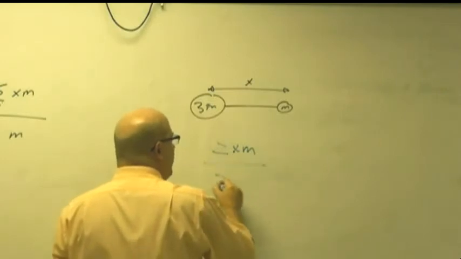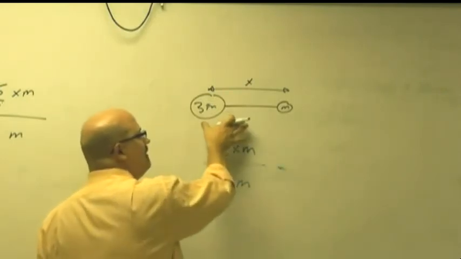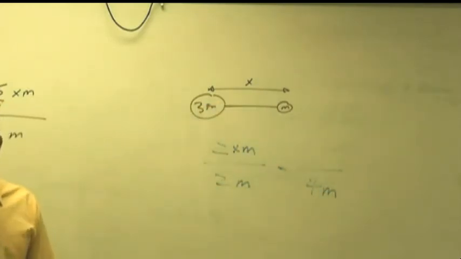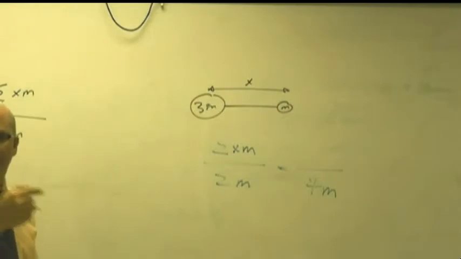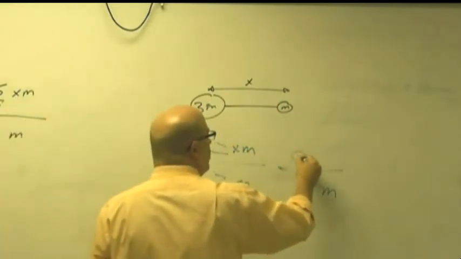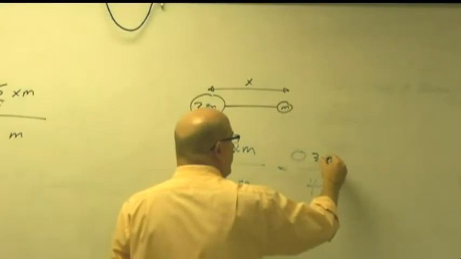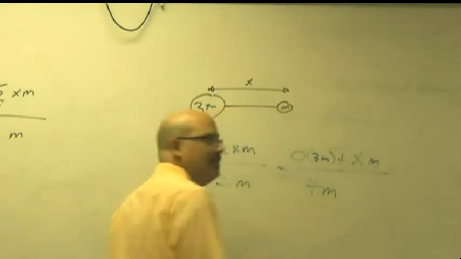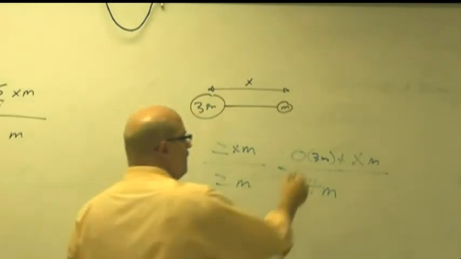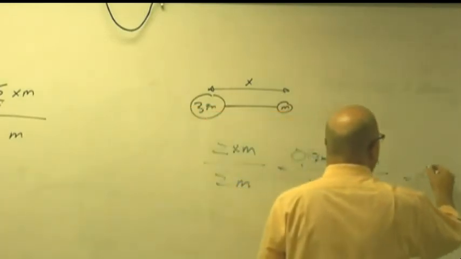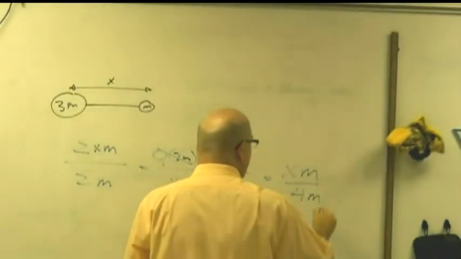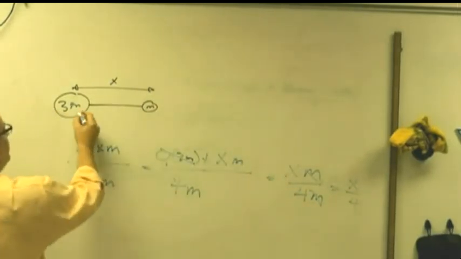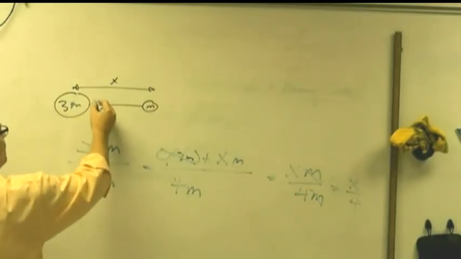The sum of the m's is just 4m. The sum of the xm's is 0 times 3m plus x times m. So I end up with xm over 4m, which is x over 4. So it's 1/4 of the distance over. Right here is the center of mass.